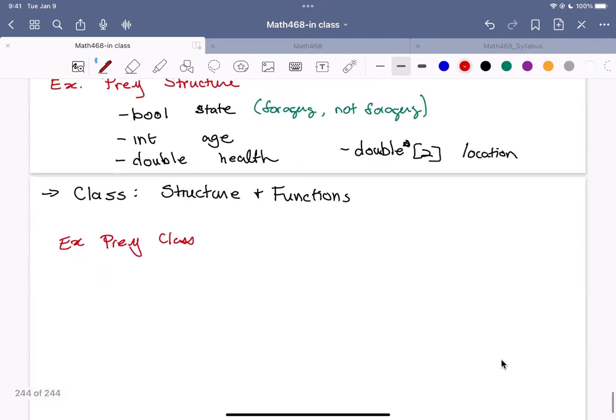we might want to write some functions. I'm going to use a little bit of Python notation actually, just so I don't have to explain the C++ notation. So you could have something like the age function where everybody matures. So if you run this function, it makes the individual a year older.